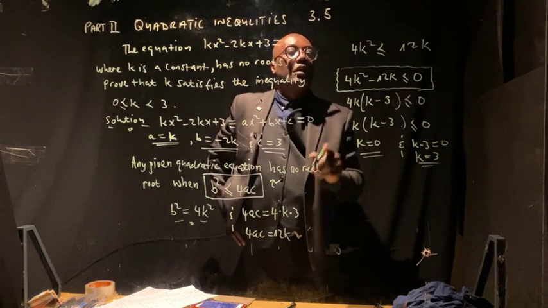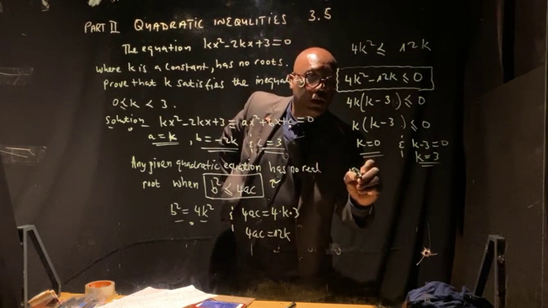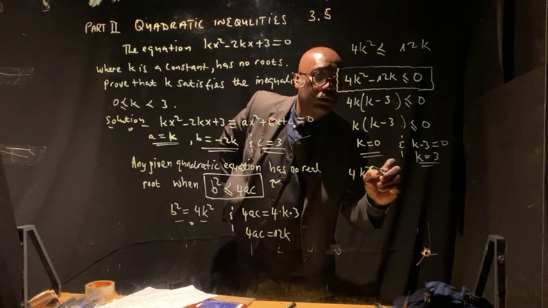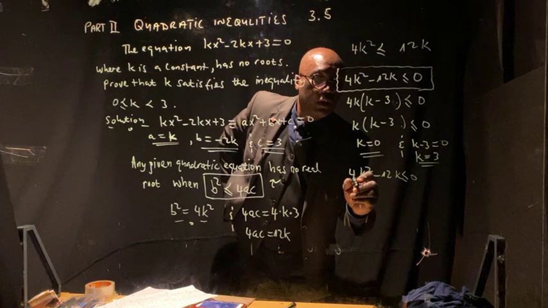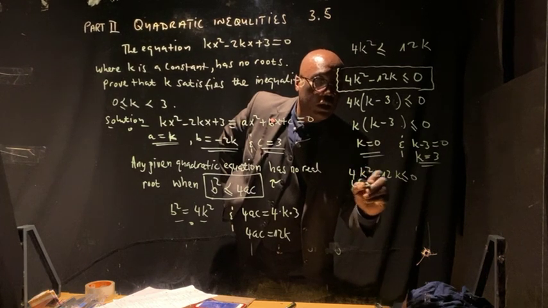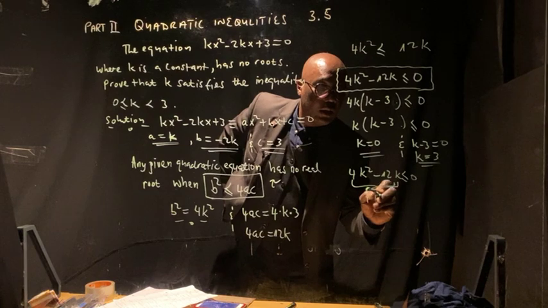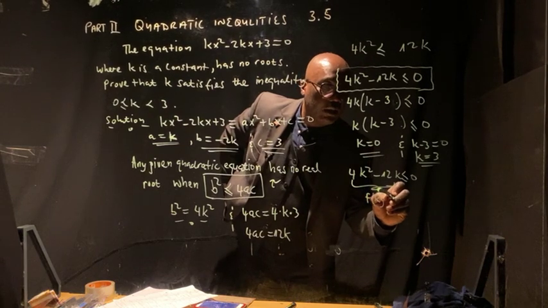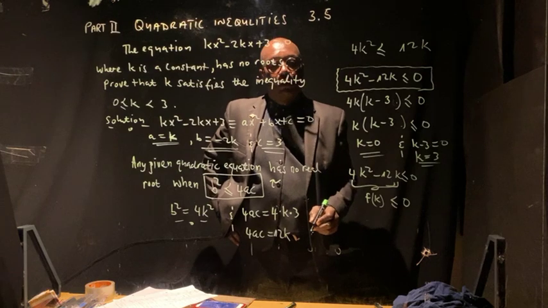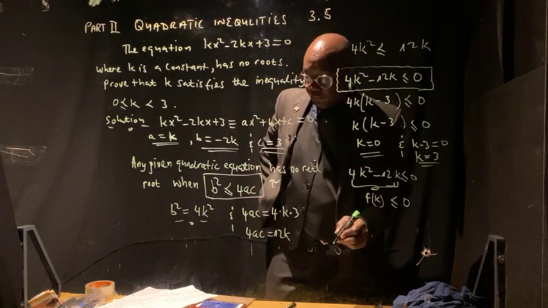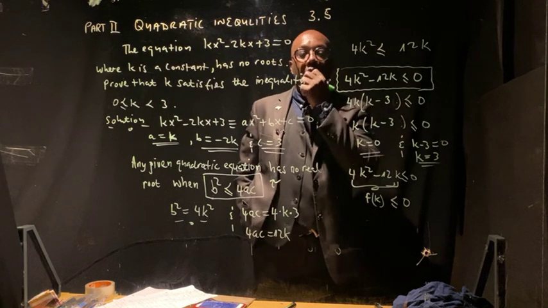Assuming 4k squared minus 12k is less than or equal to 0 equals f of k, then it would imply that f of k is less than or equal to 0.